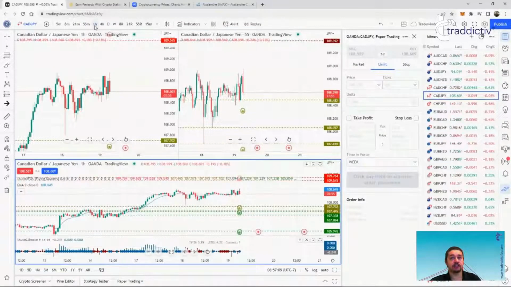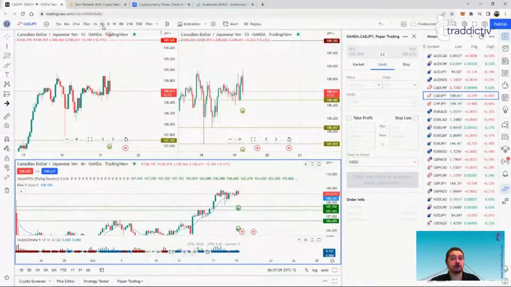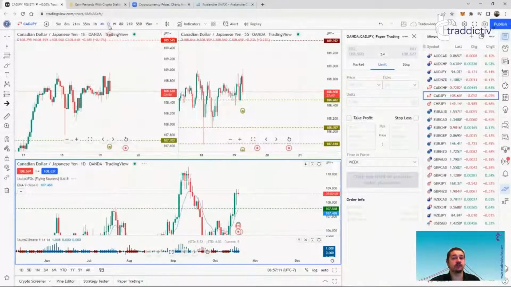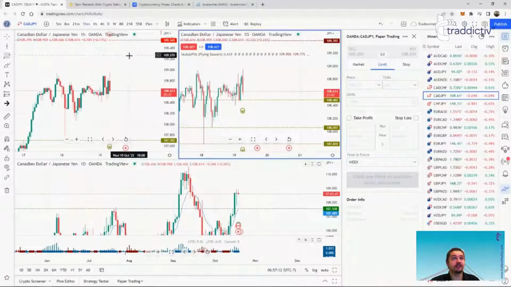On the hourly, confirmed up climate, but already trading below the moving average. On the 4-hour, confirmed, but no nearby UFOs. On the daily, looking at the 55 and the hourly is what we need to see. 107.49 is actually right within this UFO here, 108.482, where price originally rallied from.